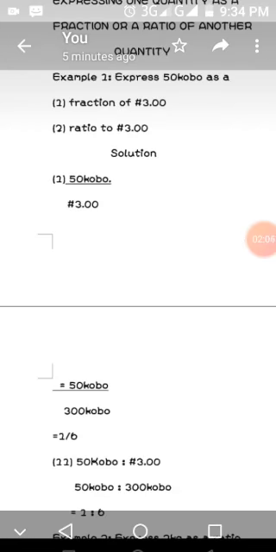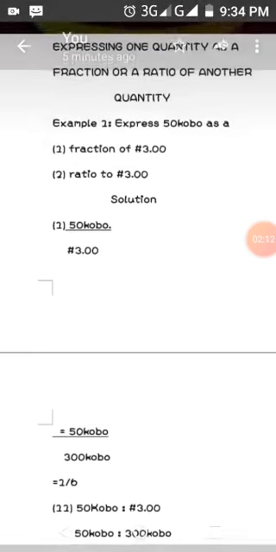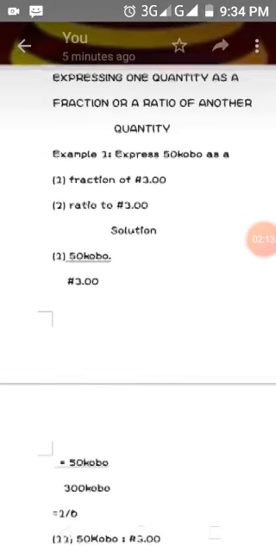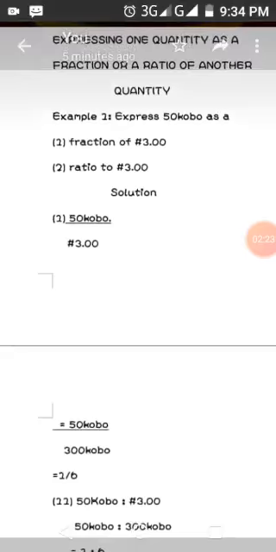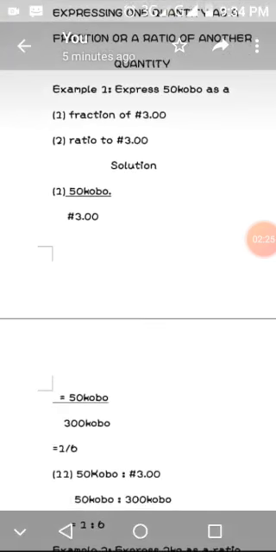That takes us to the next page, which says expressing one quantity as a fraction or a ratio of another quantity. I will explain that with examples. Example 1 says: 1, express 50 kobo as a fraction of 3 naira.